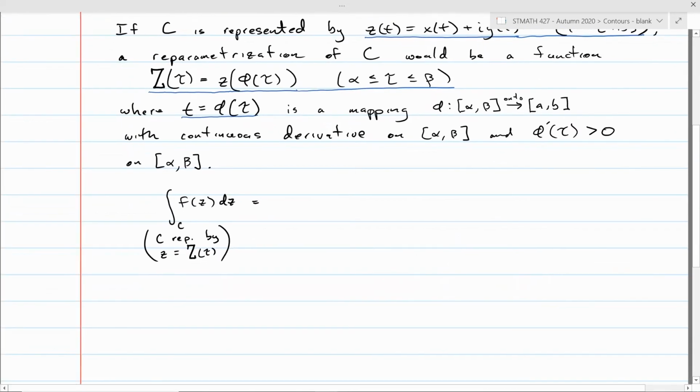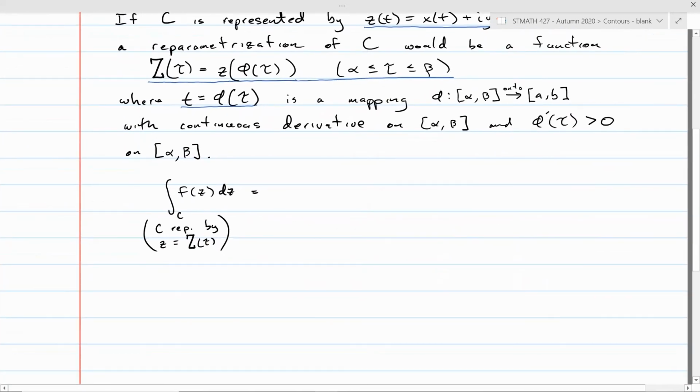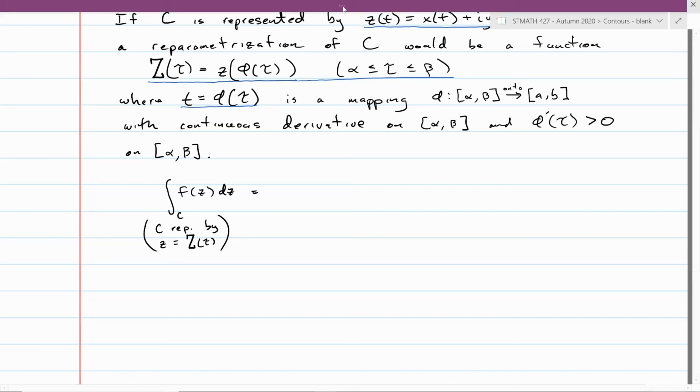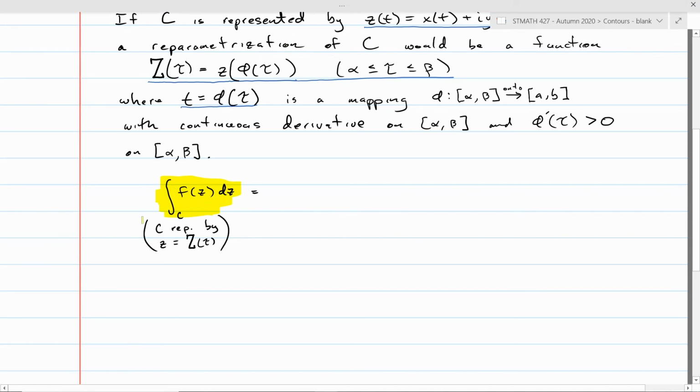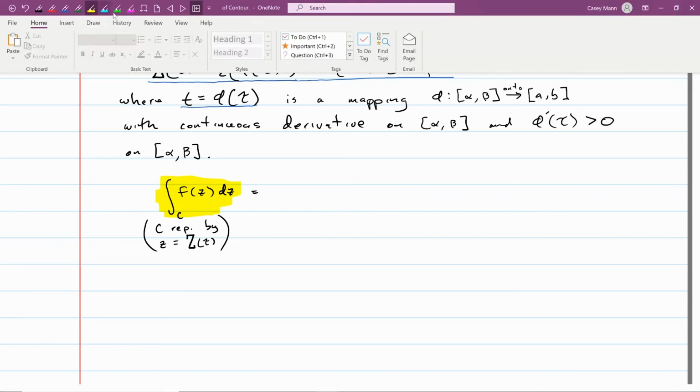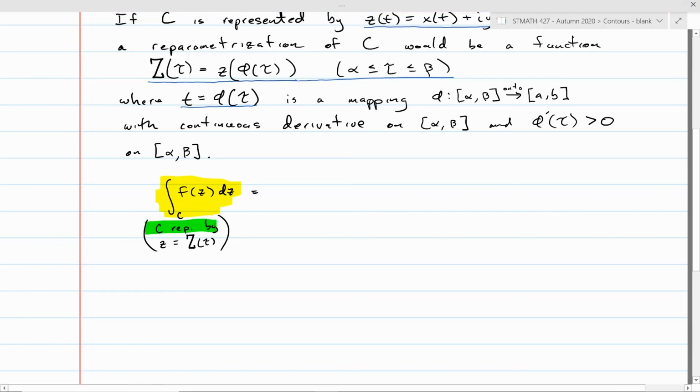And so to see why doing a reparametrization like that doesn't affect the value of the integral, let's just do a computation here. So at the bottom, I'm starting with the contour integral around C. I'm assuming C here is represented by that reparametrization, big Z of tau.